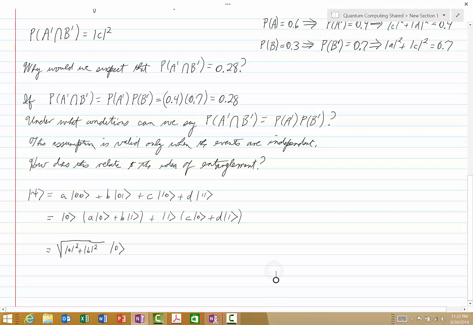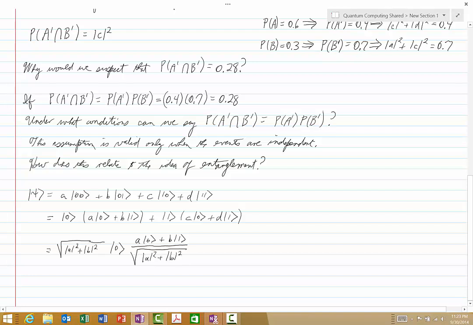times |0>, times (a|0> plus b|1>) over the square root of the norm of a squared plus the norm of b squared.